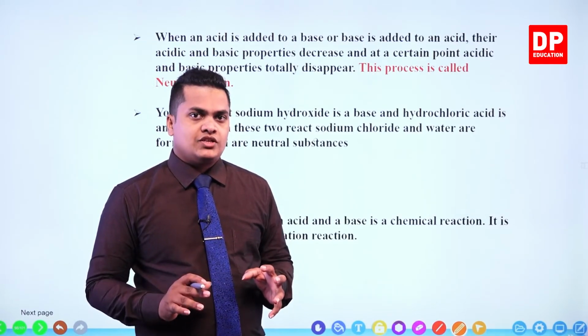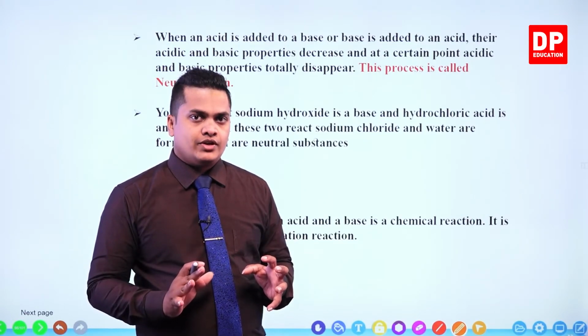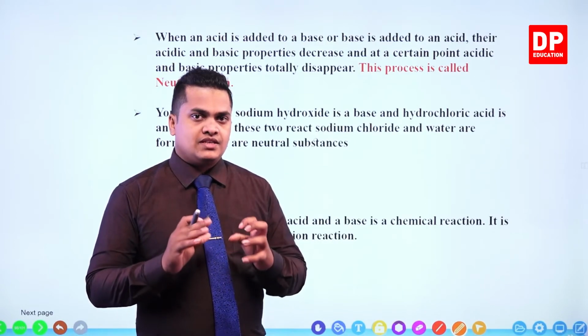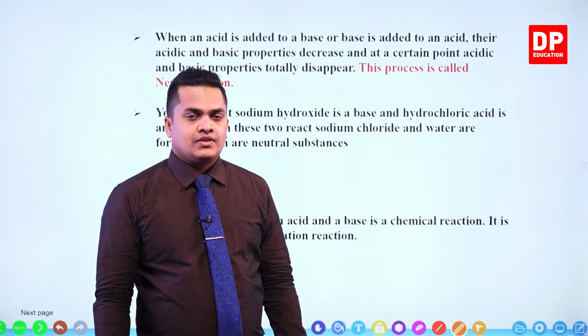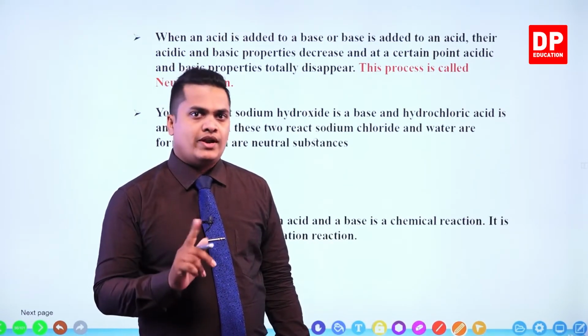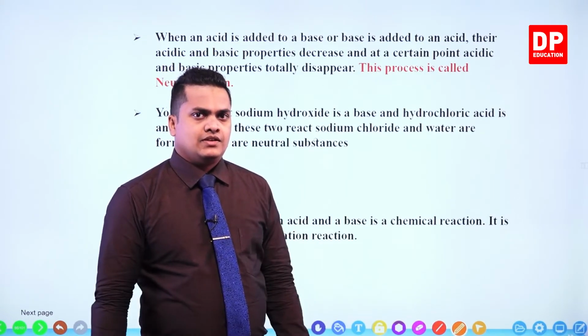Neutralization is the process where we extinguish both acidic and basic features in a certain substance. During that process, if it is a base, we need to add an acid. If it is an acid, we need to add a base.